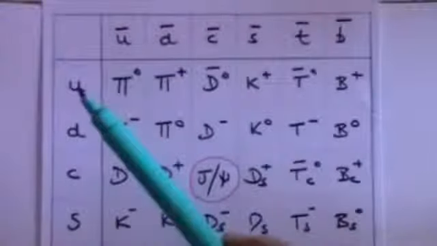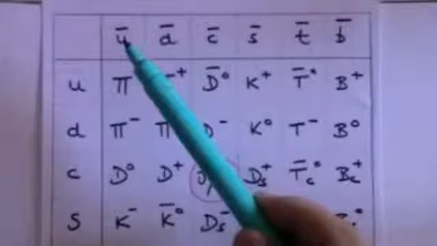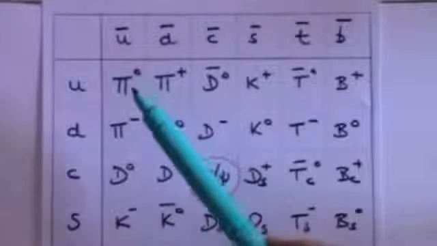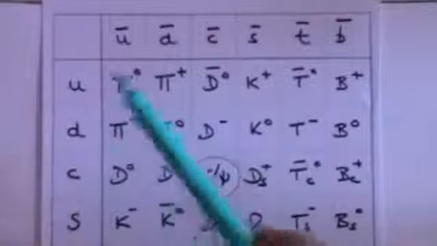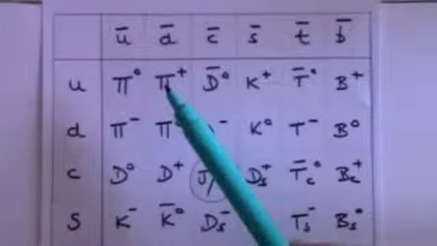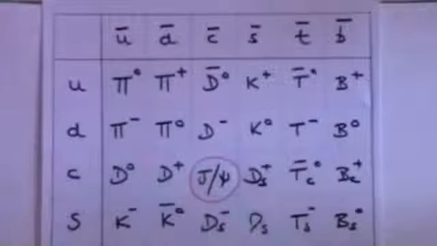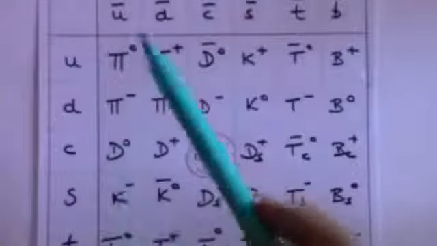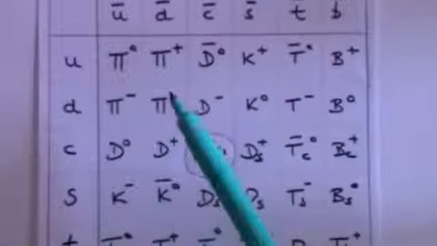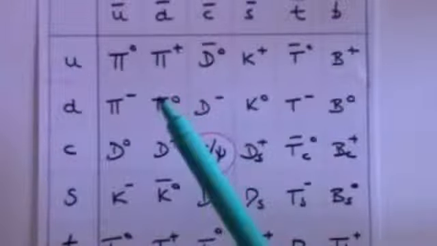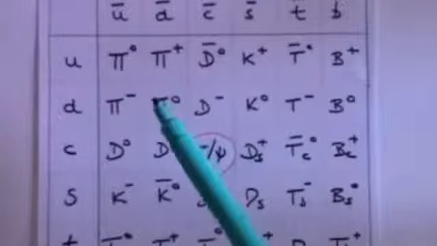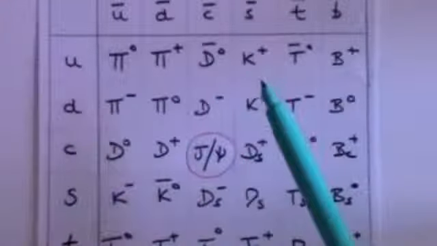If we look at the top left-hand corner, you've got the up, anti-up meson, which is just a pion. The up, anti-down is the pi plus. The down, anti-up is the pi minus. In the early days, these were the pions that were well known. And then somebody found the strange quark, and that's what gave rise to the kaons.